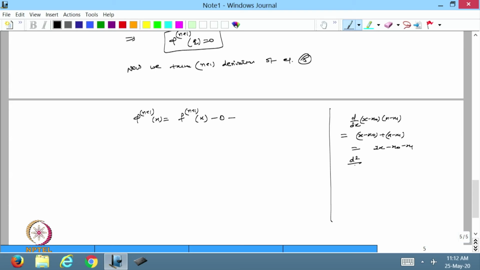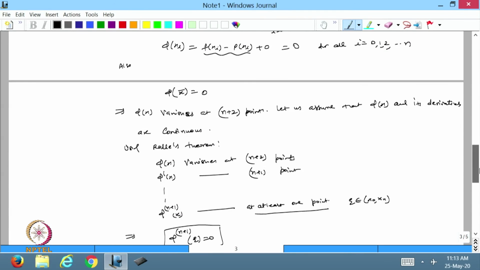If I take the second derivative of this, 2x - x0 - x1, that will be 2. Similarly, if I take three factors like (x - x0)(x - x1)(x - x2) and take the derivative, this is the cubic, and if I take the third derivative, it will be 6, which is equal to 3 factorial.